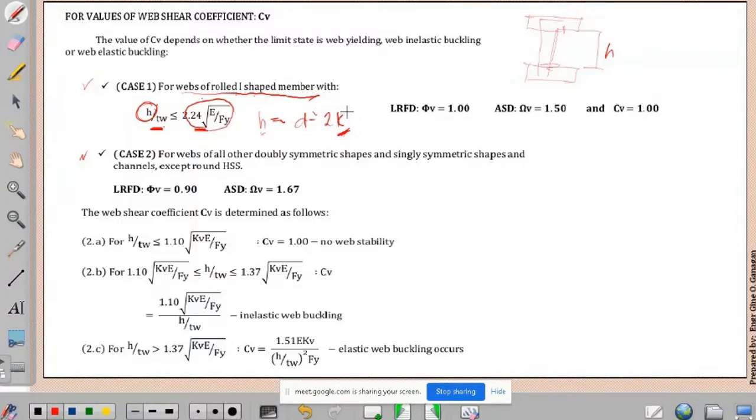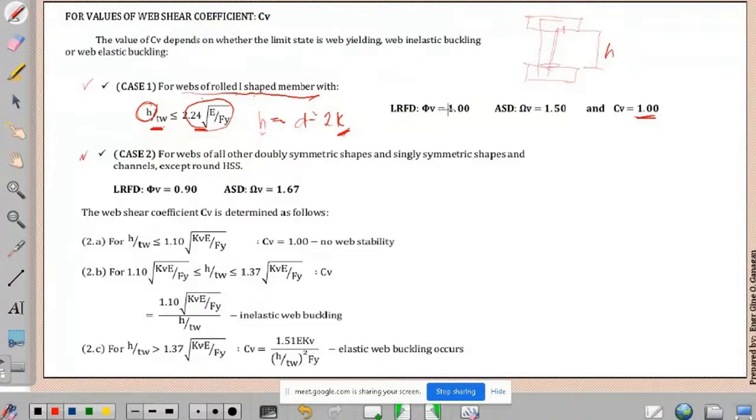Okay? So pagka okay siya dito, so pagpasok siya sa case 1, ang gagamitin nating Cv is equal to 1.0. So pagpasok siya sa case 1, pag pinag-compare nyo itong width thickness ratio sa given na limit, pagpasok siya, ang Cv natin is 1.0.